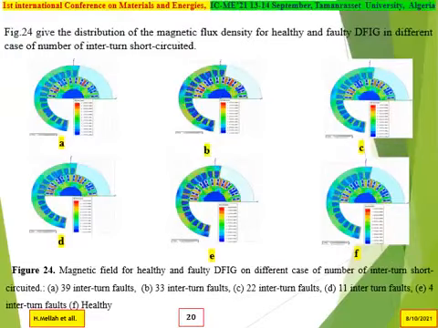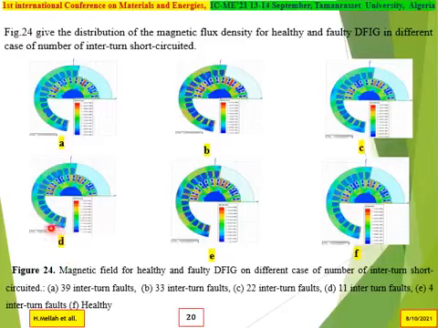In this slide, we would like to show the 2D magnetic field. Figure 24 gives the distribution of the magnetic flux density for the healthy and faulty double-fed induction generator in different cases of number of interturn short circuit faults. When phase F is healthy and, as an example, in phase E we have 4 interturn faults.